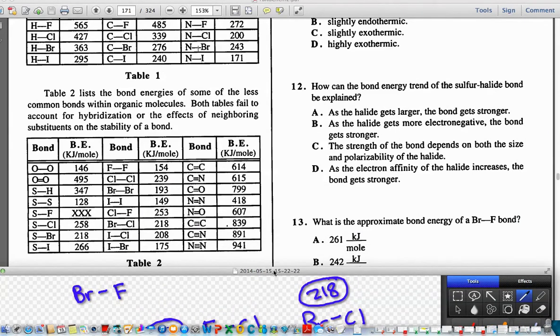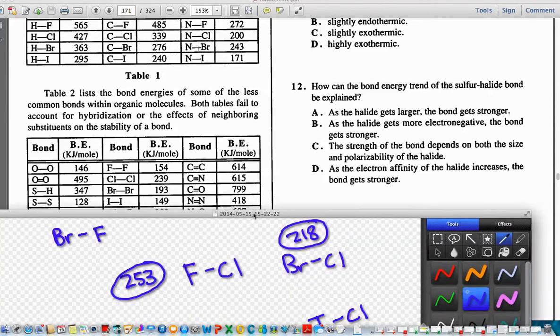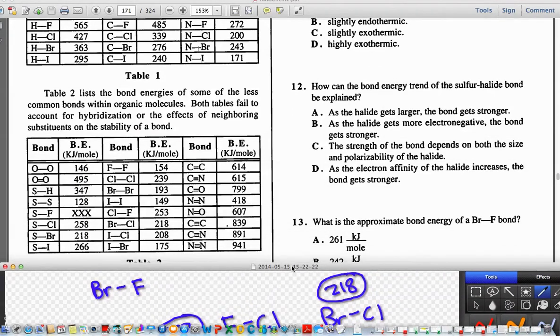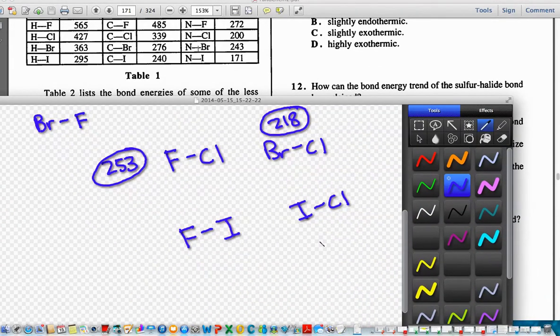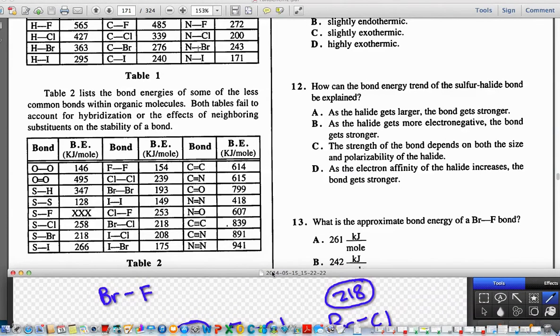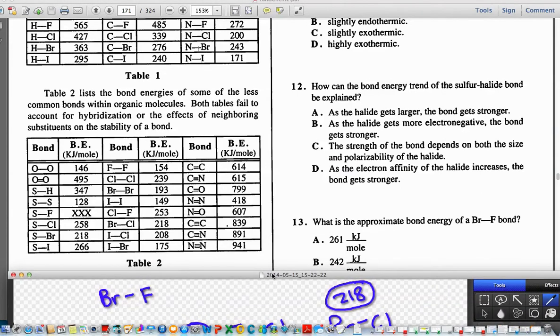Do we have an FI bond? I do not see one. We have an IBr bond of 175. Do we have an ICl bond? Yes, 208. There is no IF bond.